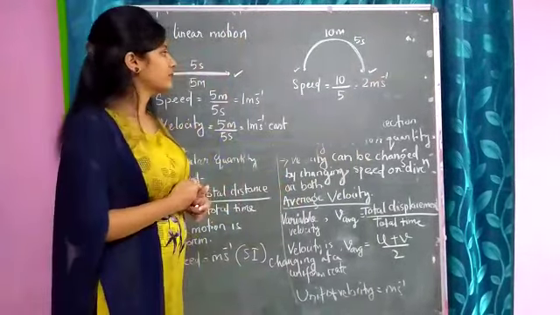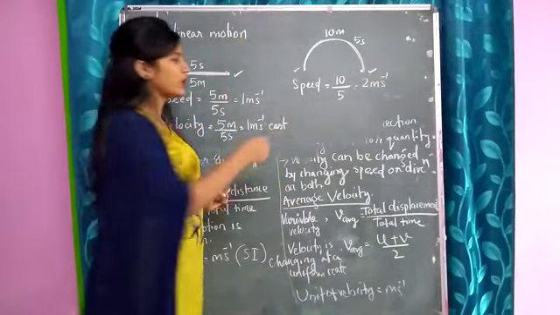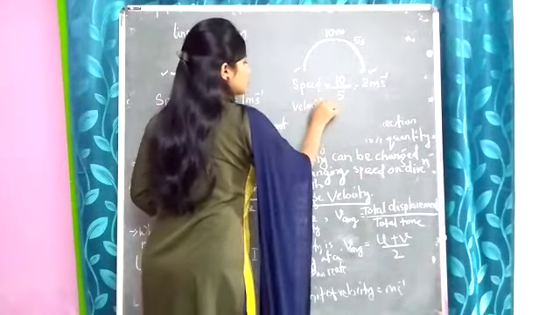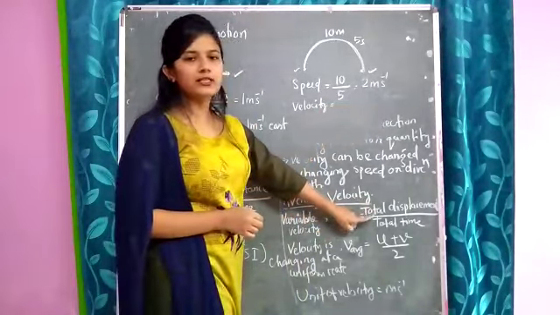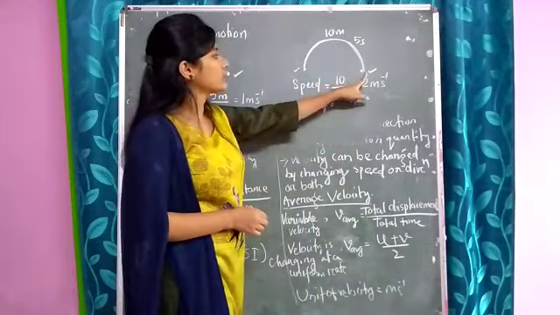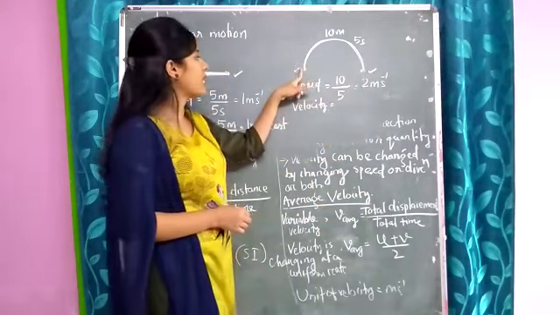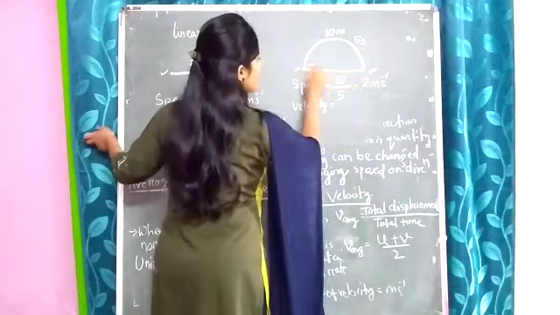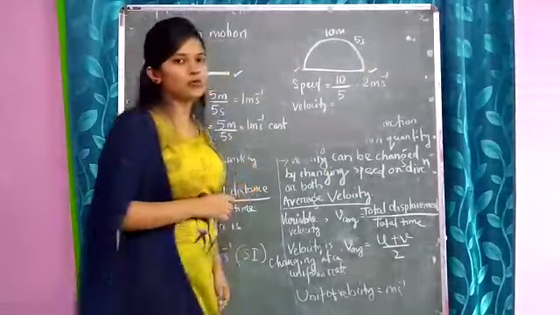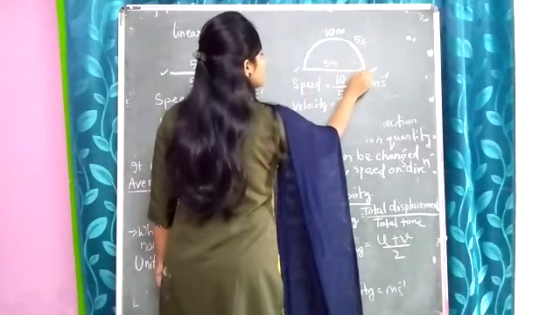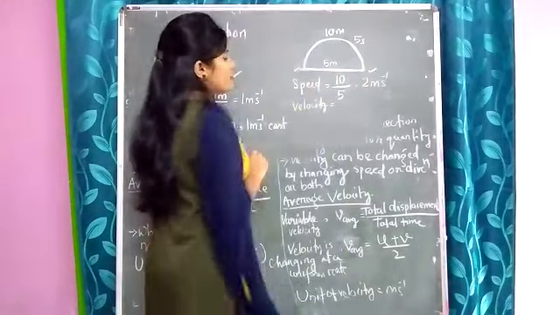But if we now go for velocity, what is the formula for velocity? It is total displacement by total time. The displacement is the shortest distance between the initial and final position. Suppose the distance from here to here is 5 meter.